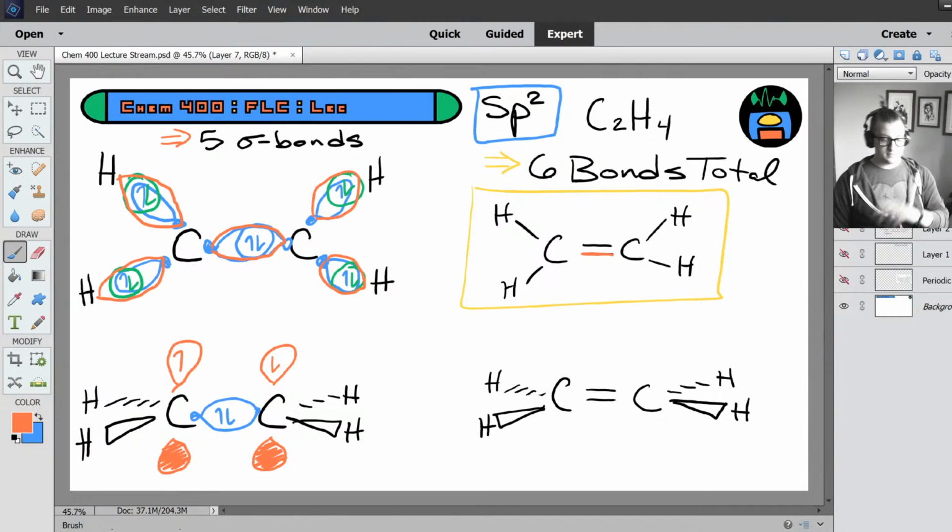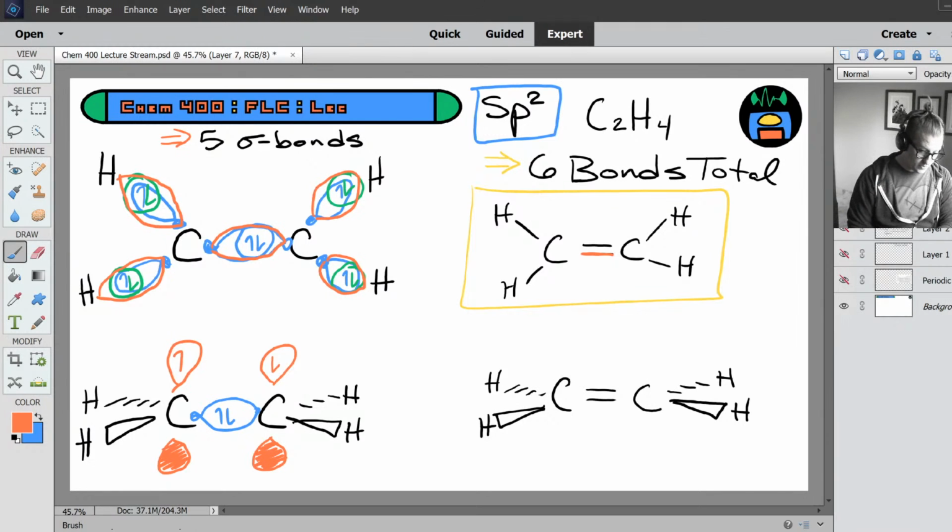The problem here is there is no way for these p orbitals to engage in direct orbital overlap. They can't form a sigma bond because they're parallel, vertical in space. There's no way for these two to overlap to make a sigma bond. It can't happen. So sigma bond's off the table.